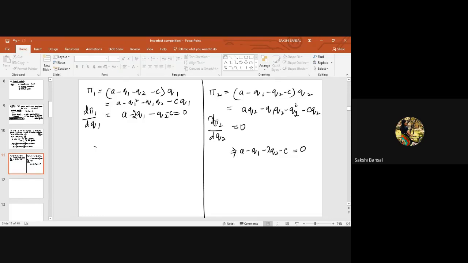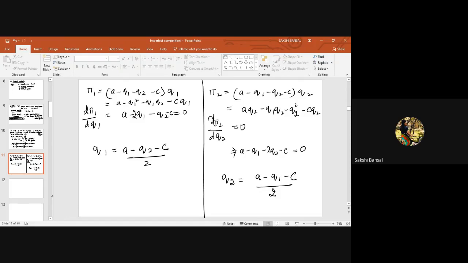So from the left hand side you can write your equation like this, and from the right hand side as well. That means I am producing Q1 when I have an idea of what quantity my competitor will produce. This Q2 in my equation is my expectation.